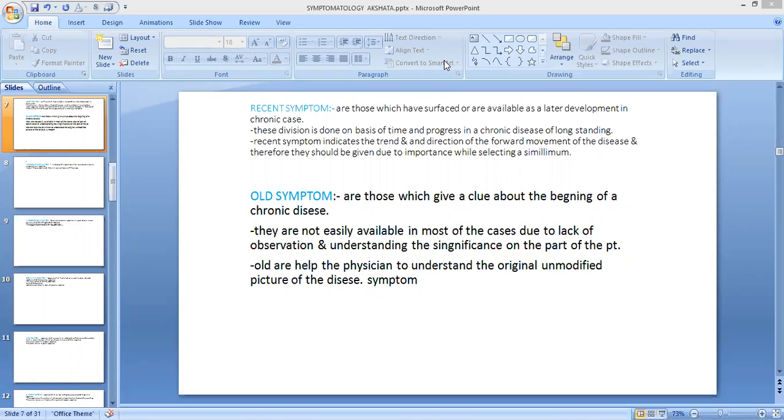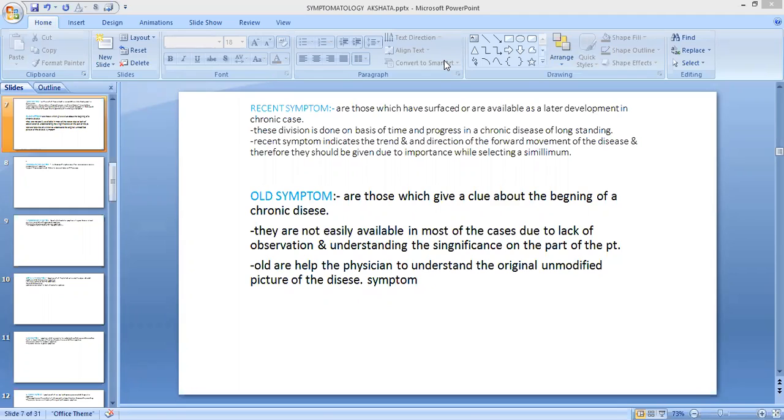They are not easily available in most cases due to lack of observation and understanding of the significance on the part of the patient. So many times, the patient cannot understand the significance of these symptoms, as well as their importance, so they do not give importance to these old symptoms.